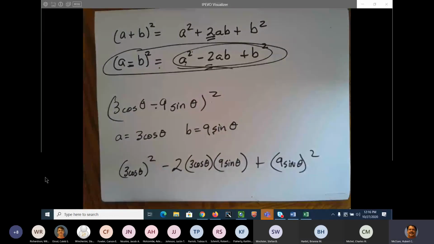You got to get the rust off those shortcuts. And are you the only one that is rusty? No. I have a whole college algebra class. They're rusty. I have to remind them. The shortcuts have to be with you at all times. You can't just regurgitate them and forget them.